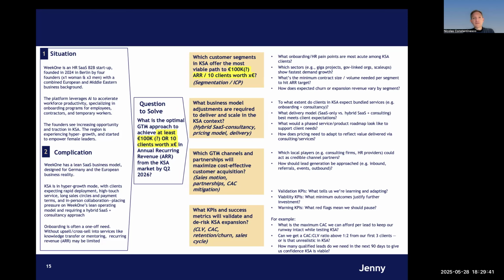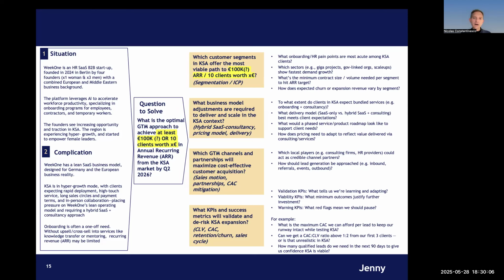Why does it have to be cost-effective? If it needs to be, there might be something in the complication that needs to be introduced that tells us something like, I don't know, we're operating on a shoestring budget. But it's not a given that customer acquisition in the early stages should be cost-effective.